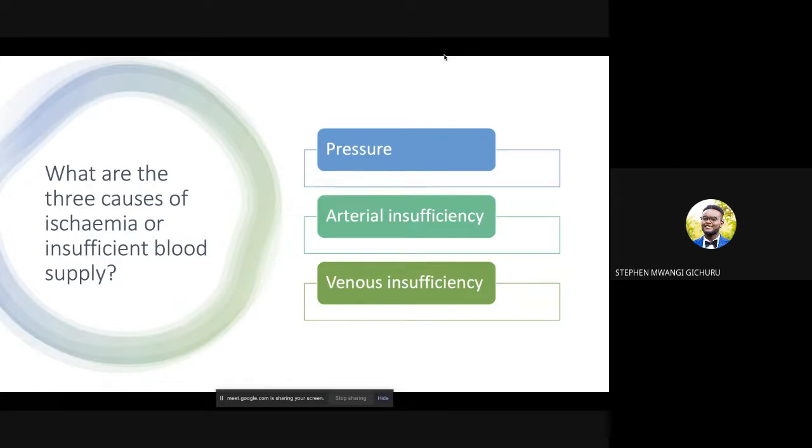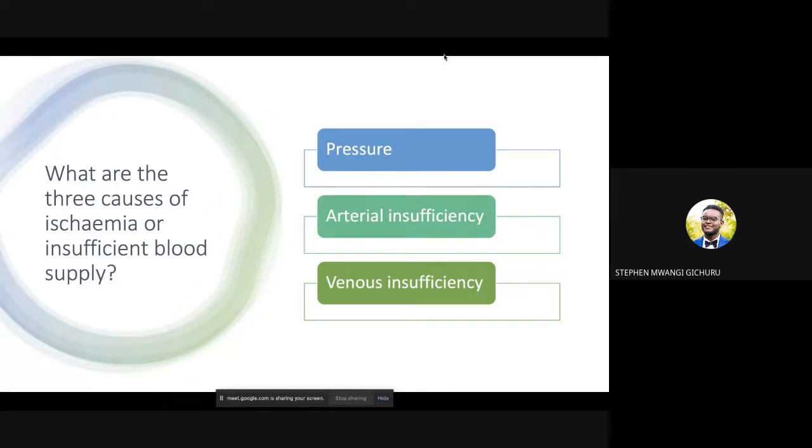So at the end of the day, when we're talking about insufficient local blood supply, we have to talk about hypoxia and poor nutrient delivery for all of them. How they do it is different. For pressure, you close down the pipe.